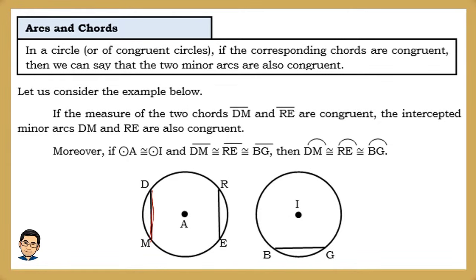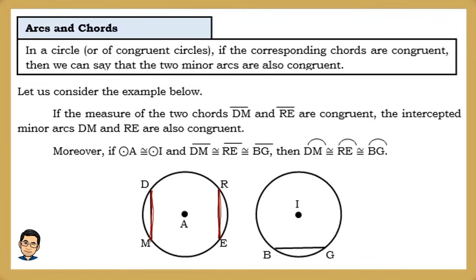So, ito po yung chord. Yung endpoints niya, nasa dalawang bahagi or nakapaloob sa circle. Unlike yung diameter, nagpa-pass through siya dun sa center ng circle. So, yung DM na yan, yung naka-red na yan, chords po yan.